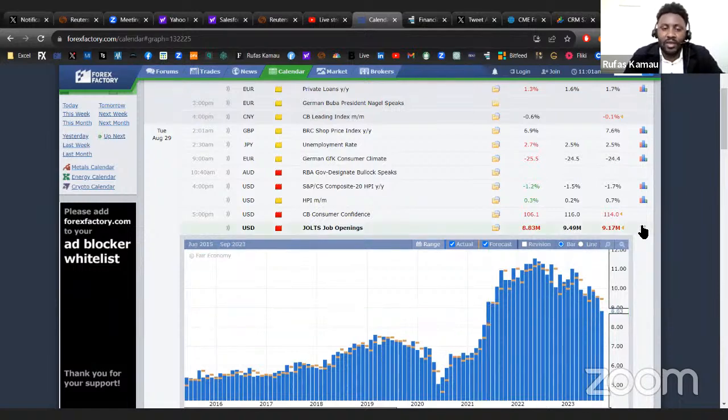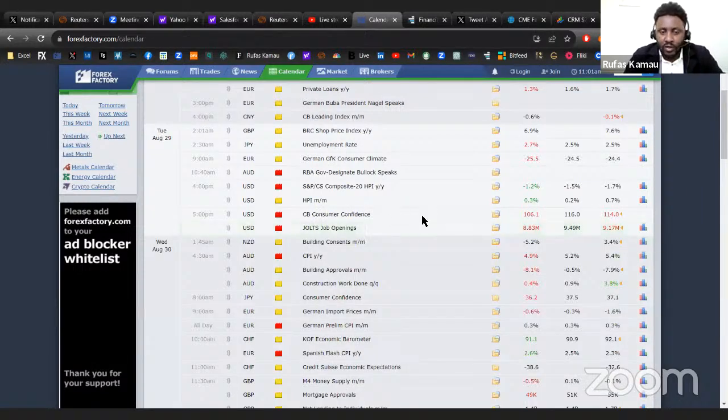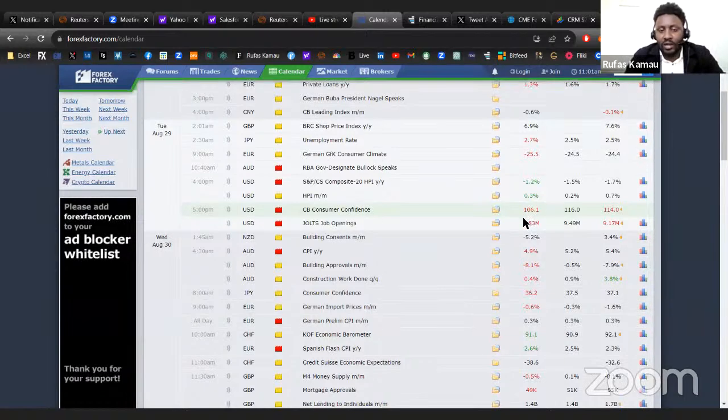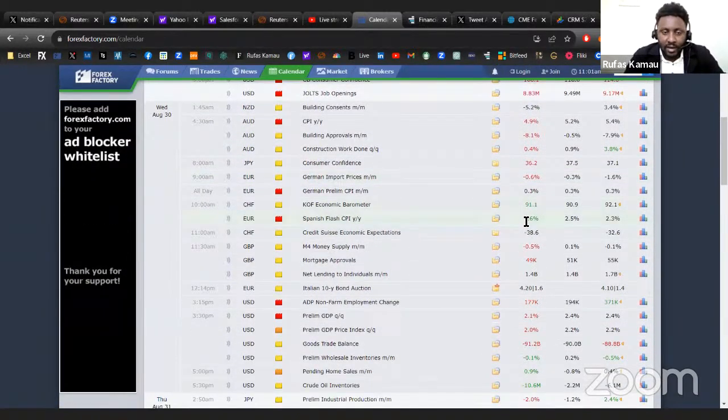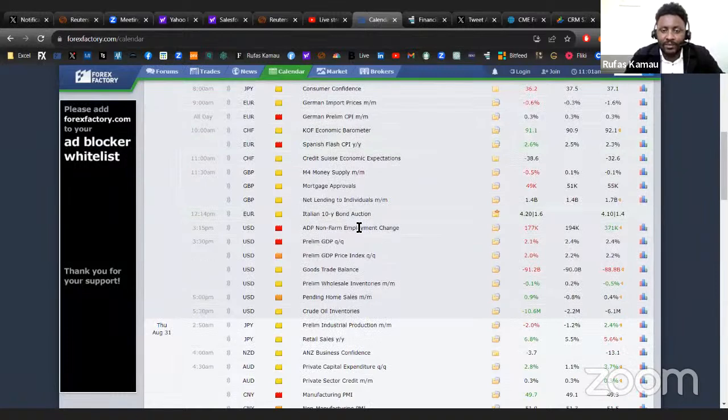And this is in line with the Fed's expectations. On the CB consumer confidence, the previous reading was 114, we expected 116, we got 106, meaning that the US consumer is also less confident about the future of the US economy. And this is also consistent with the expectations of the Fed. Moving to Wednesday, we got the ADP non-farm employment change.